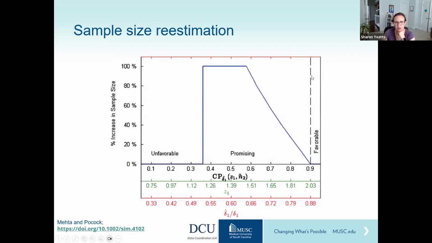And if your conditional power is really high, then you would keep going as if nothing happened. If your conditional power is really low, then you would keep going as if nothing happened. But if your conditional power is in this promising zone, then you can increase the sample size up to a certain point as needed in order to get your power back to a reasonable space. Okay, so that's an option as well.